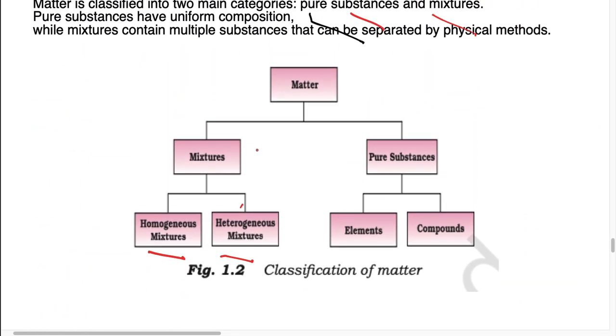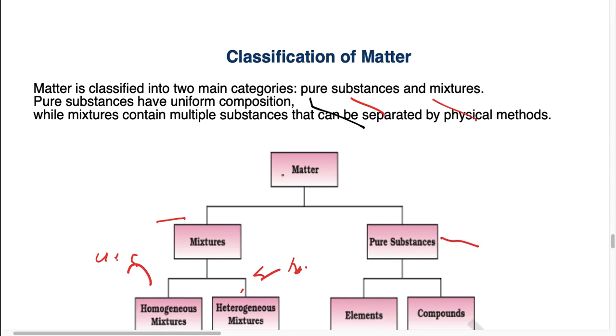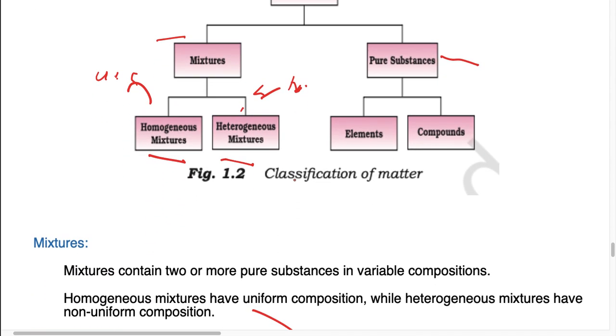In short summary, matter can be divided into two parts. First is mixtures and second is pure substances. Mixtures are again divided into two parts: heterogeneous and homogeneous. A homogeneous mixture has uniform composition, and a heterogeneous mixture has non-uniform composition.